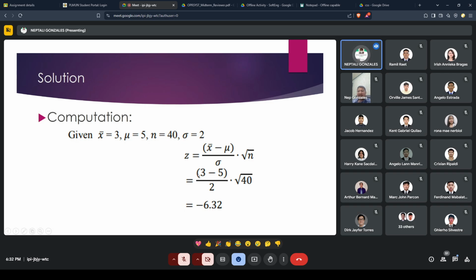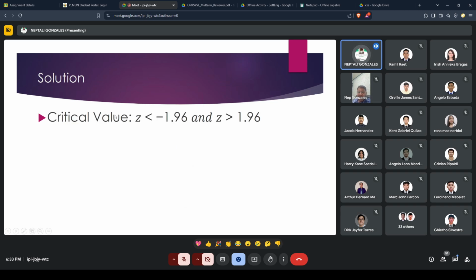Using your calculators, 3 minus 5 divided by 2 multiplied by the square root of 40, you will have negative 6.32. So this is now our computed Z value. We are not yet done because we will compare this with the tabular value. This is just the computed value.